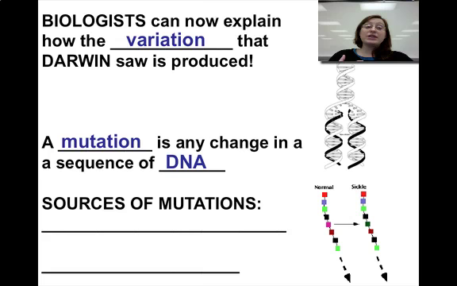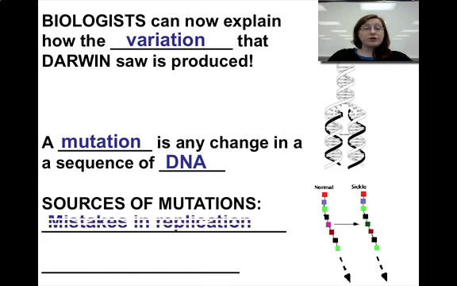But he did know that there was variation, and he knew these differences occurred and that they were pressured by the environment, changes in the environment, random mutations occurring. We now know those random mutations occurring have to be having an effect on your nucleotide sequence in your DNA molecule.